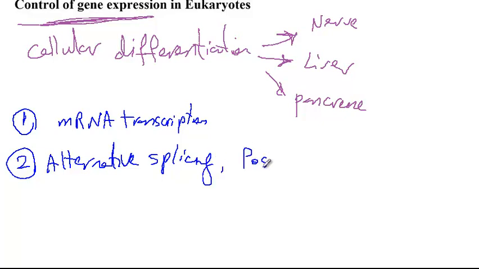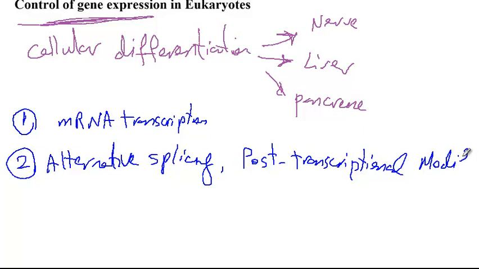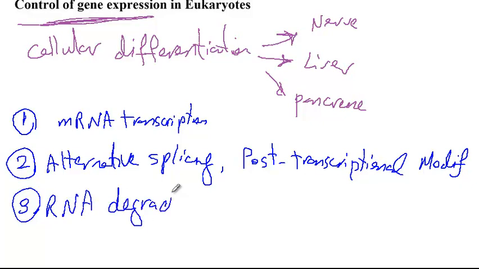It can also be done by RNA degradation. As RNA is trying to reach its target, it can get degraded by different proteins, or it can be halted by certain mechanisms like RNA interference.